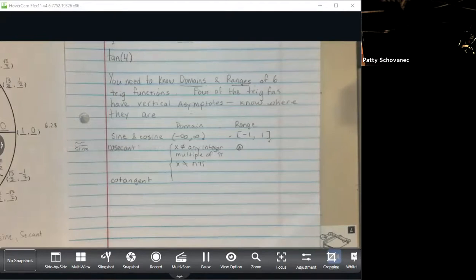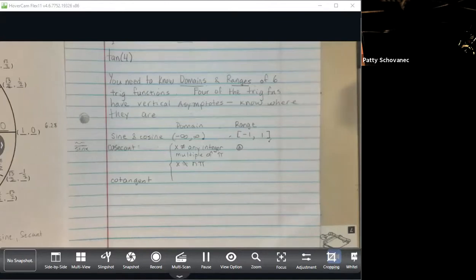In between the asymptotes, the cosecants were either parabola-type shapes opening upward on the top peak of the sine or opening downward on the bottom peak of the sine. And those peaks had their extreme values at 1 and -1, which means my cosecant is not going to hit any value between 1 and -1. It only gets values beyond 1 and beyond -1.